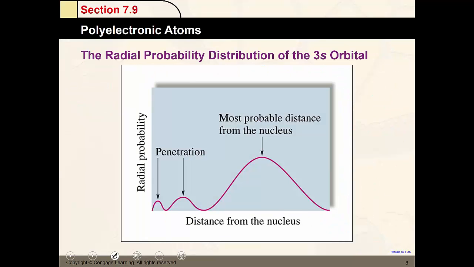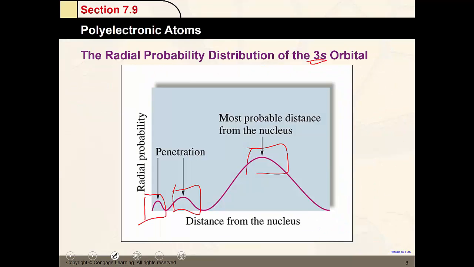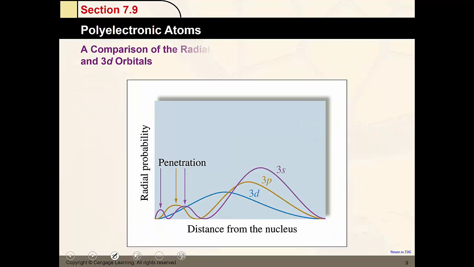Now, if we look at the 3s, the third energy level, now there are three humps in here: two small humps, one big hump. And the average distance for 3s is going to be farther than it is for the 2s. But comparing this 3s curve to the 3p and 3d curves, the 3p has one little hump here, one source of the penetration effect.